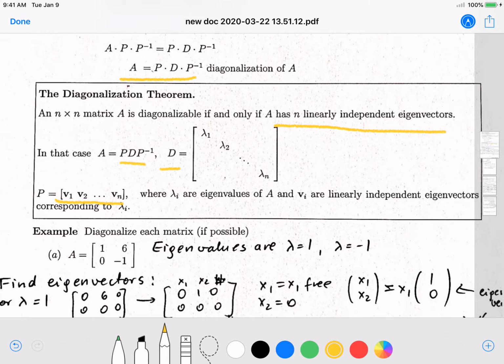In D, we put eigenvalues on the main diagonal. It's a diagonal matrix, so zeros are everywhere else. And P has the corresponding eigenvectors. So this is my lambda 1, and the corresponding eigenvector is v1. As long as we have enough of those eigenvectors, the matrix will be diagonalizable.